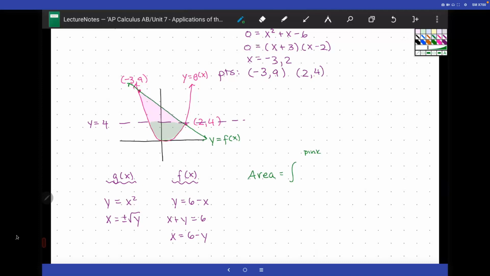So this minus this, except we got something weird here. f, when it's written in terms of y, is just 6 minus y. However, for this guy, I got plus or minus root y?